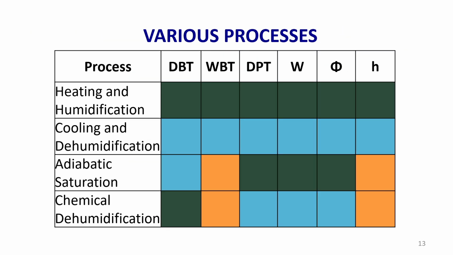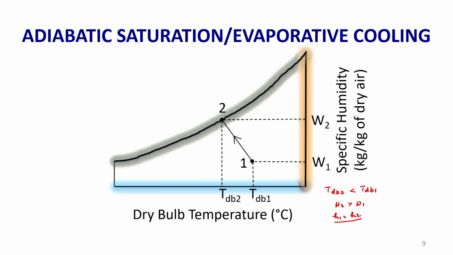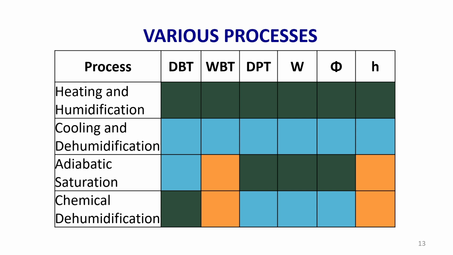Wet bulb remains constant, dew point, specific humidity and relative humidity increase, and enthalpy also remains constant, because here you can see the curve, H1 is equal to H2, whereas specific humidity is more. If this is more, relative humidity will be more, but H1 equals H2. Dry bulb temperature 2 is less than dry bulb temperature 1. So, adiabatic saturation is the other name for evaporative cooling.